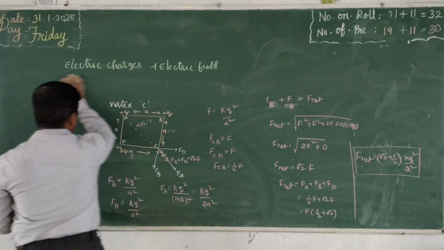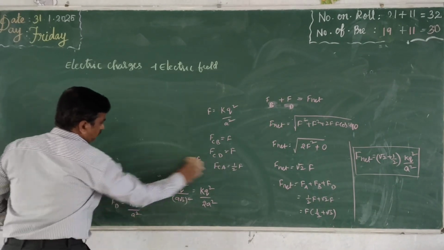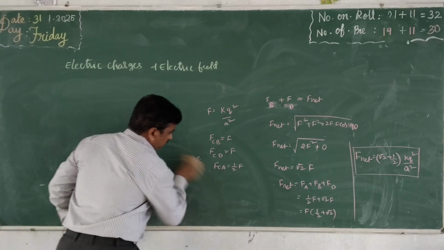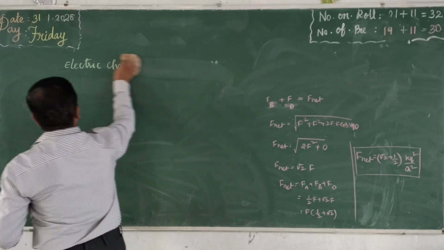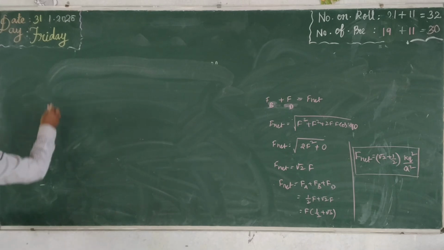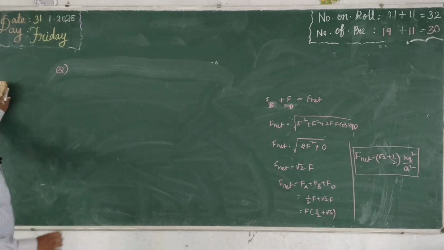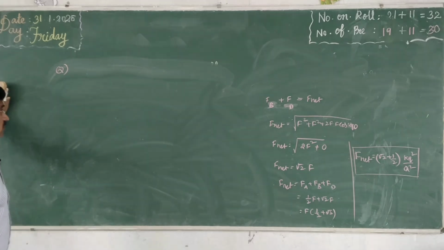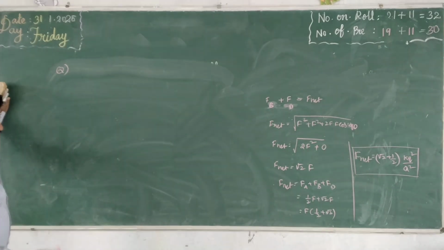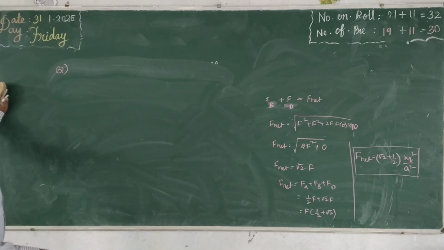Next. See, now we can find another one. Let's solve another problem. This is the third charge in equilibrium type of question. For example, where should we keep the third charge on the line joining the two charges so that the third charge is in equilibrium?